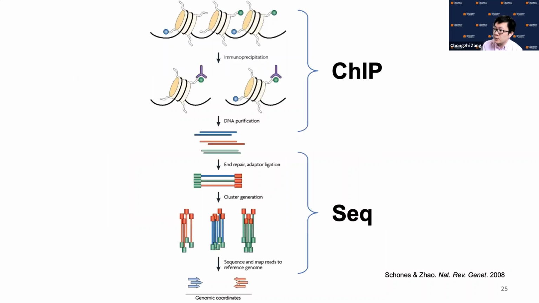So in summary, the process of ChIP-seq can be done in this way. In this plot, the example is for histone modification, because the antibody is targeting a histone tail, a histone mark. From the original chromatin, we do immunoprecipitation targeting a specific factor, in the process called ChIP. After the DNA purification, we want to do additional processing of the DNA fragments in order to do the sequencing.